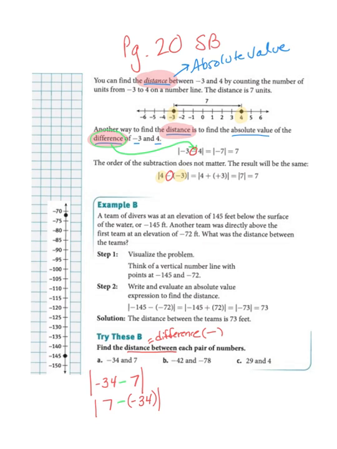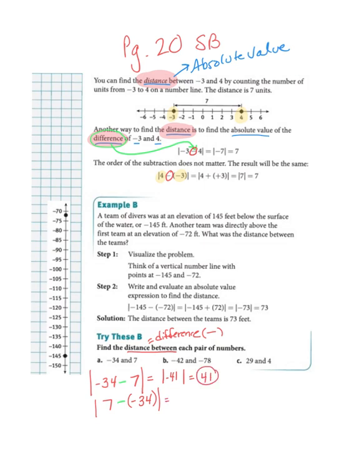So let's work those out. No matter which one that I'm working on, I need to figure out what the value inside the absolute value sign is first. So negative 34 minus 7, that's a party of negatives, would turn into negative 41. And what is the absolute value of negative 41? It is 41.